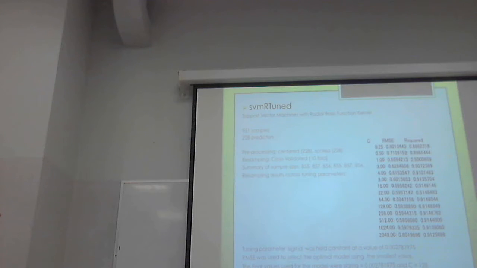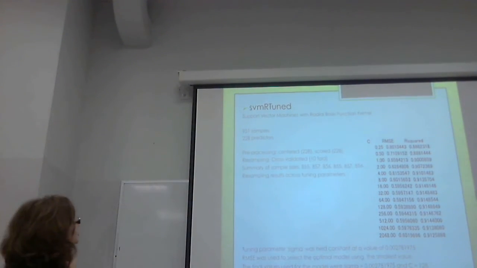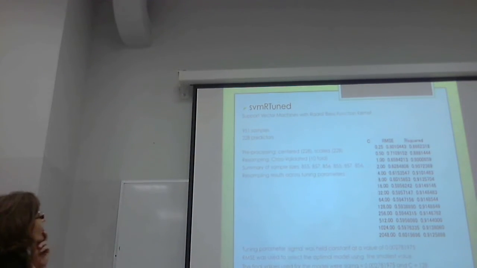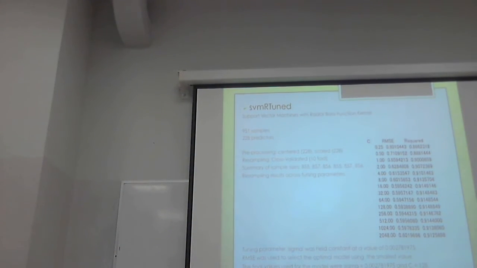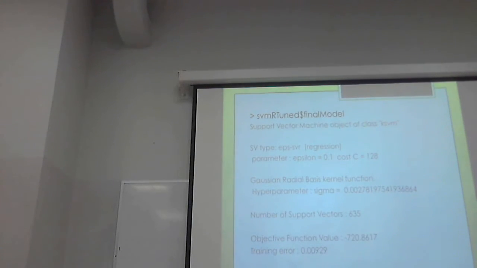Okay, this is just one cost parameter, but unfortunately it does not... at the end, it should tell you the number of the support vectors, and I didn't print it out.